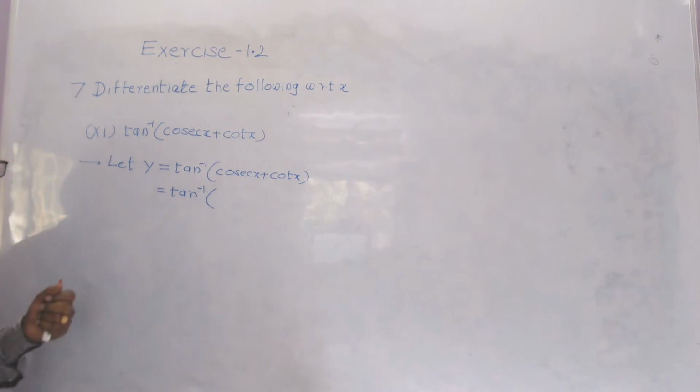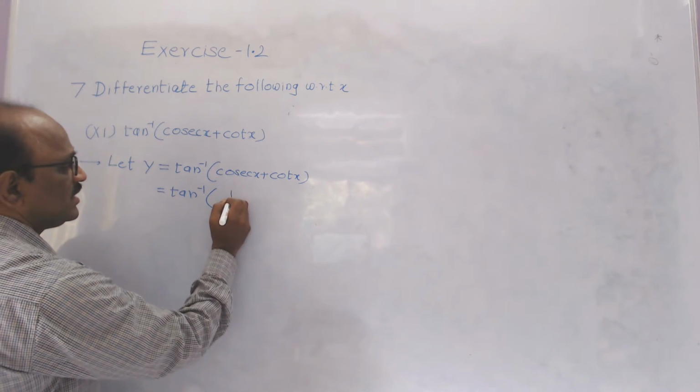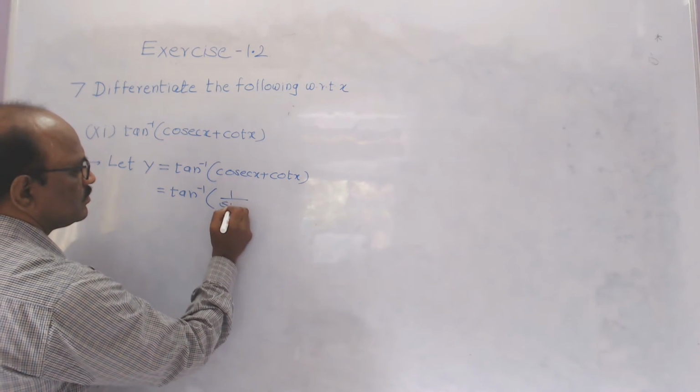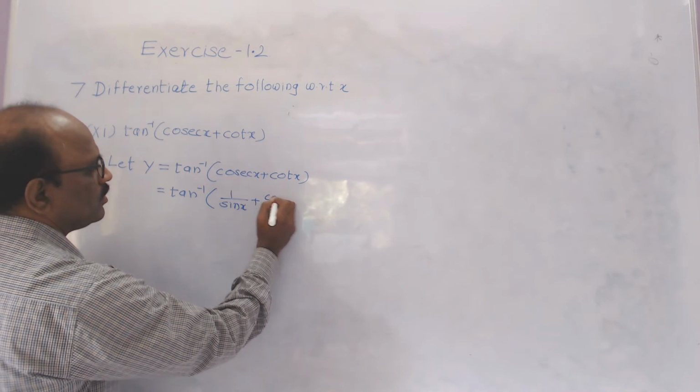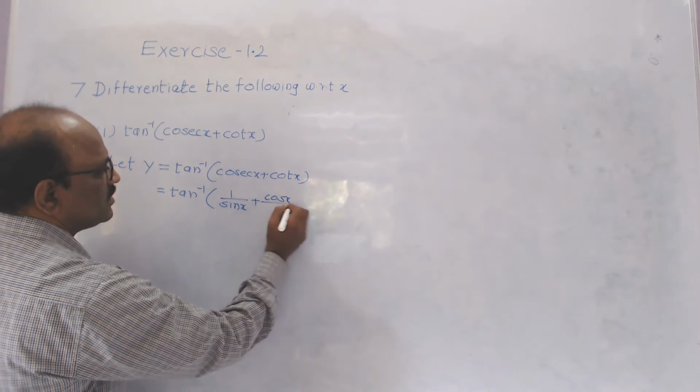Cosec x means what? 1 upon sin x, and cot means what? cos x upon sin x.